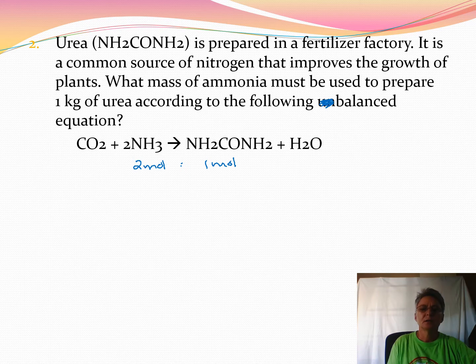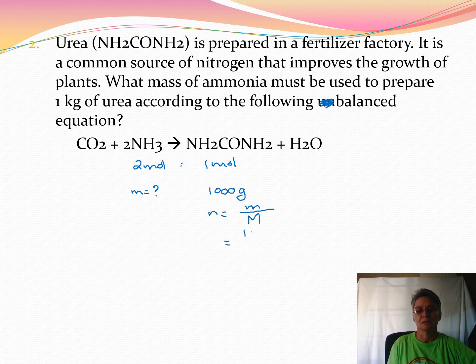So they say 1 kilogram of urea is formed, so that's 1,000 grams. And they want us to calculate the mass of ammonia. So the 1,000 grams must be changed to moles by taking the mass and dividing it by the molar mass.